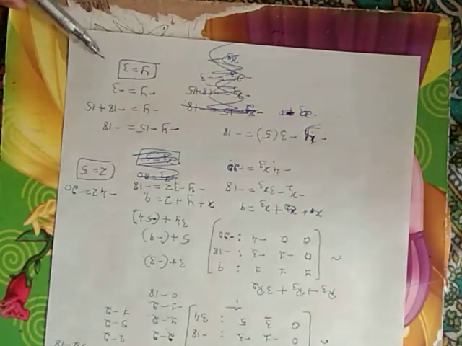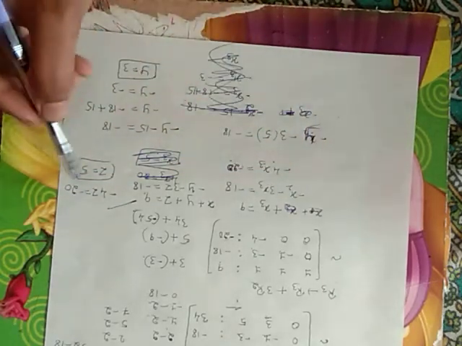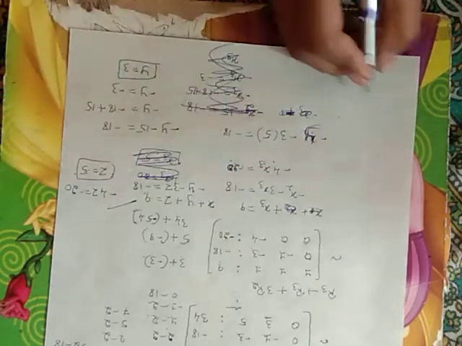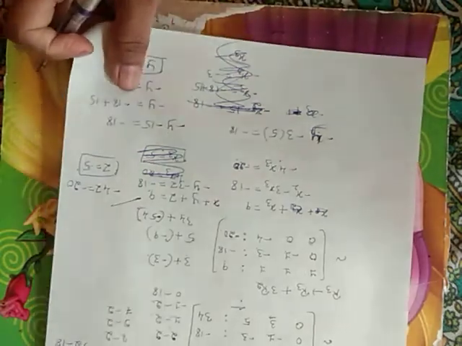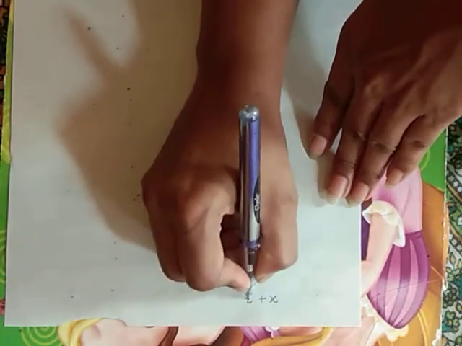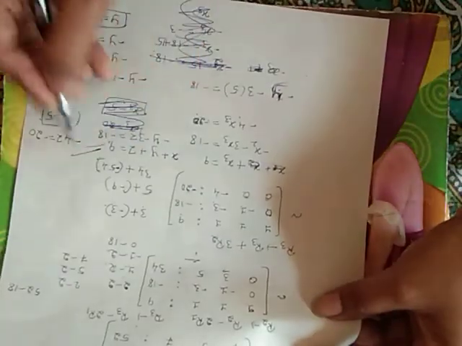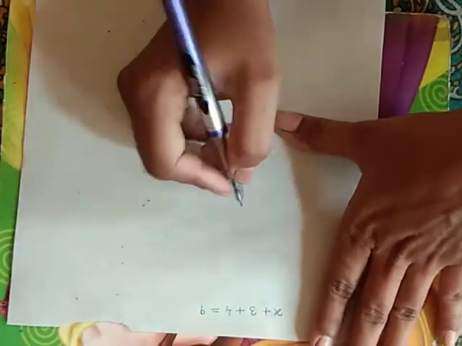So now substitute both z and y in the first equation. You will get x here. So put y equal to 3, z equal to 5. x plus 3 plus 5 equal to 9.